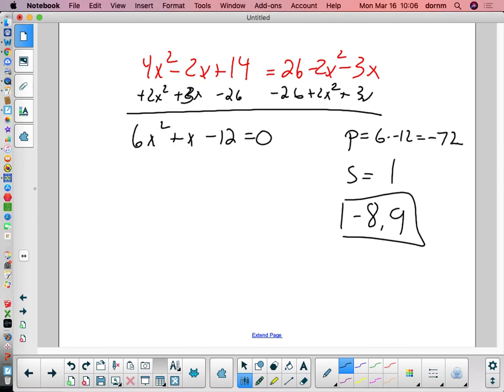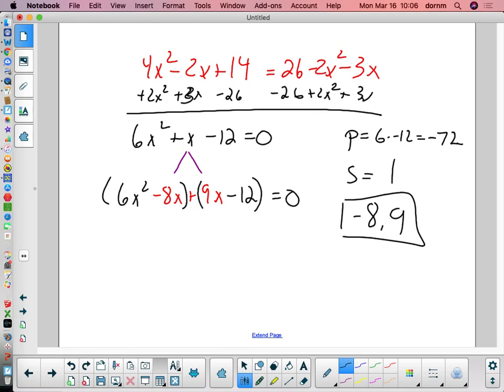Now, what are we going to do with those magic numbers? We're going to use those to split up this middle term. If you have a choice, always do the negative one first. Minus 8x plus 9x. I just split that up. Still just 1x, but I still have 6x squared minus 12 equals 0. Now we're going to group.